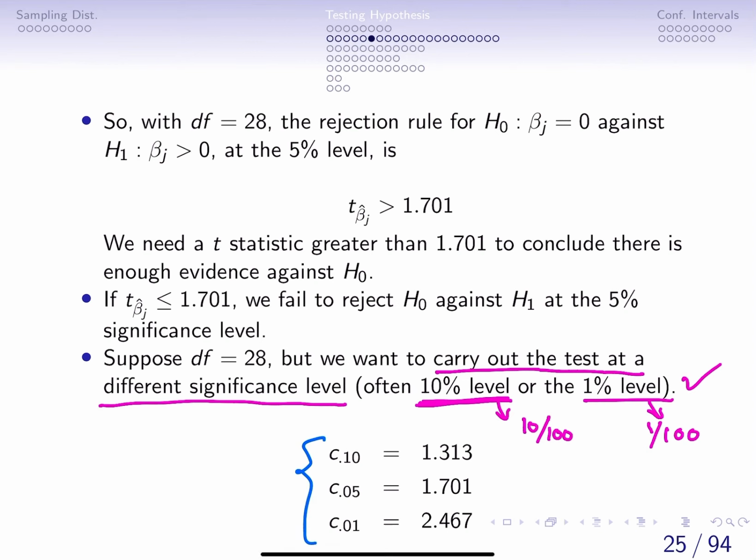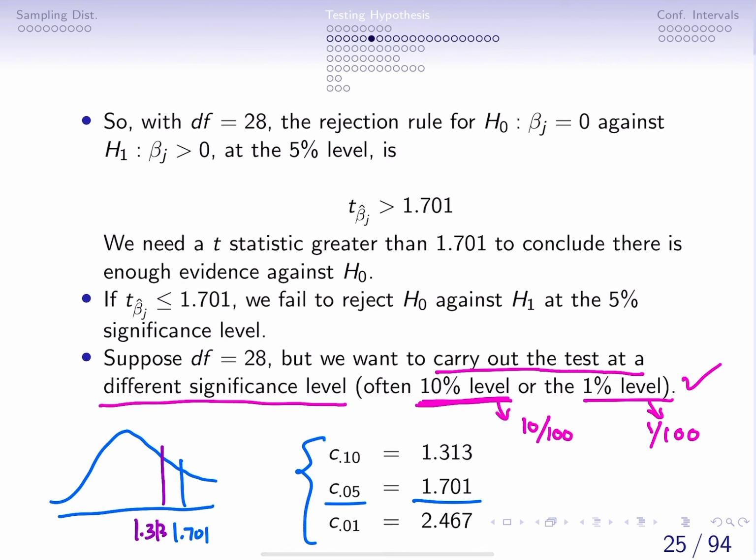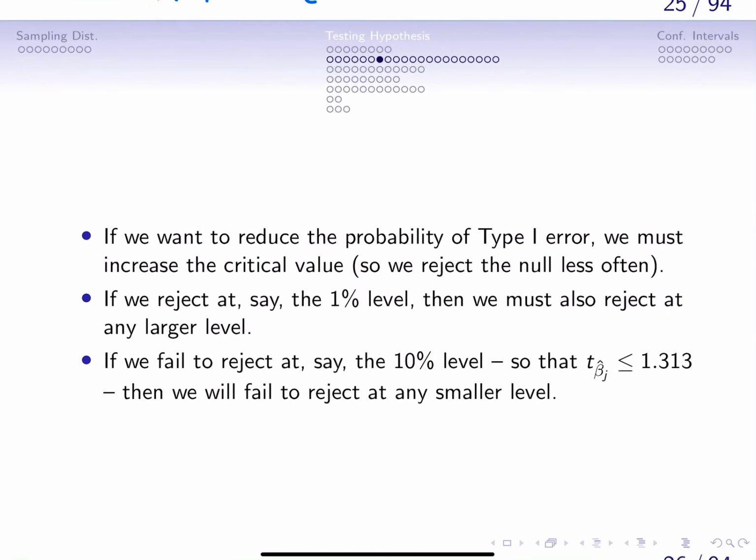If we were looking at 1.701 as the critical value at 5%, the value for the 10% test is going to be to the left of it, and the value for the 1% test is going to be to the right of the 5% in this case. So the rejection region is going to be smaller for the 1% test. That's implied.